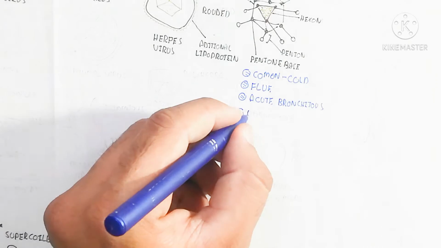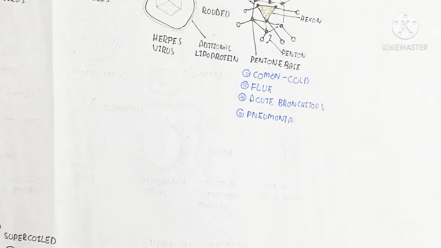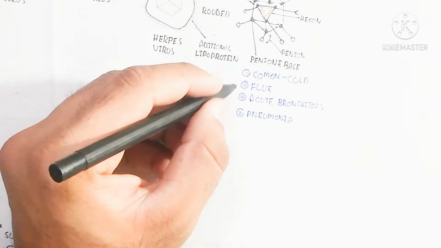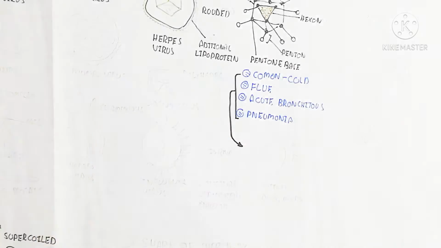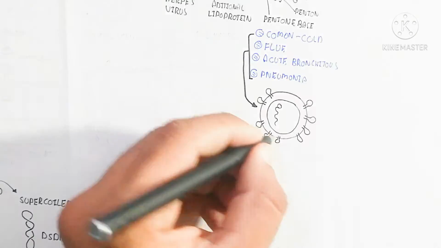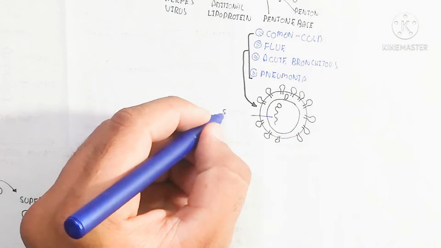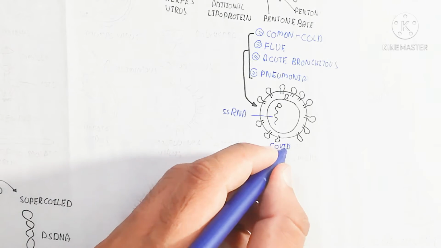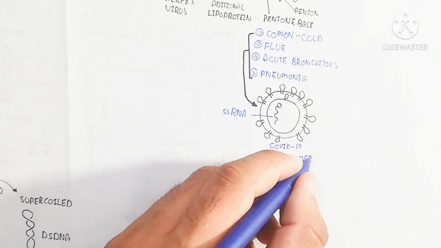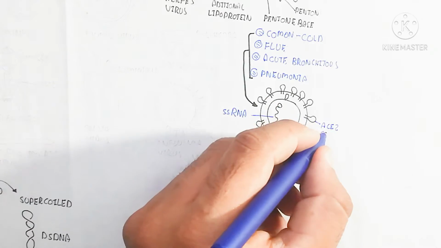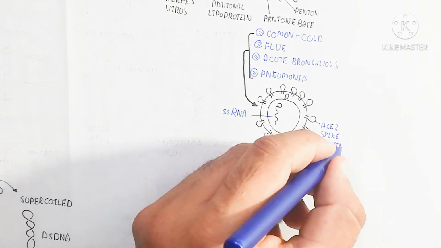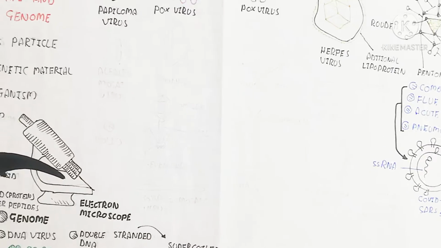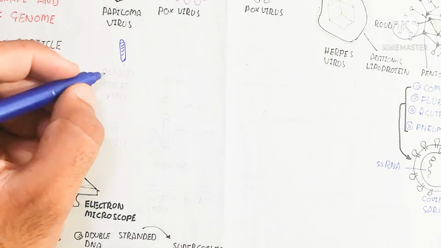While single-stranded RNA is present in COVID-19, SARS and MERS, severe acute respiratory syndrome and Middle East respiratory syndrome. It contains the spike protein, which is used for the ACE2 receptor of the epithelium of lung cells. So it causes disease in the lungs, with shortness of breath.